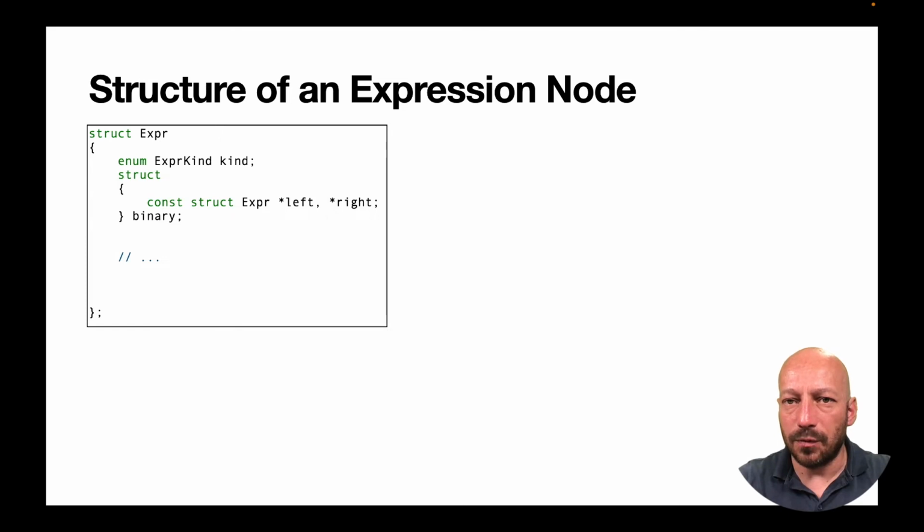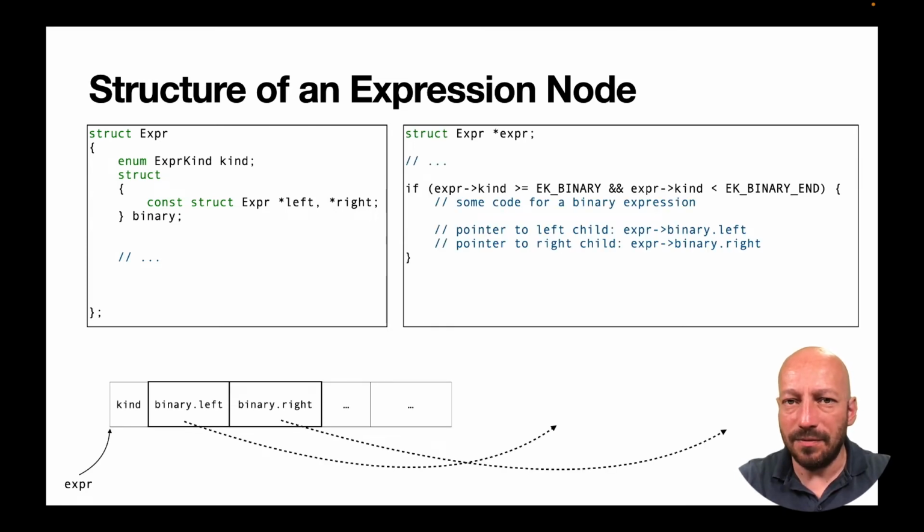We would get an error from the compiler, so the compiler helps us here. Putting them in a struct has the advantage that it's more expressive to access these two pointers. You can access them with binary left and binary right. And here you see the typical use case. You first check whether you actually have a binary expression node, and then you can access these two members. If you have a unary expression, then you just need, of course, one pointer.